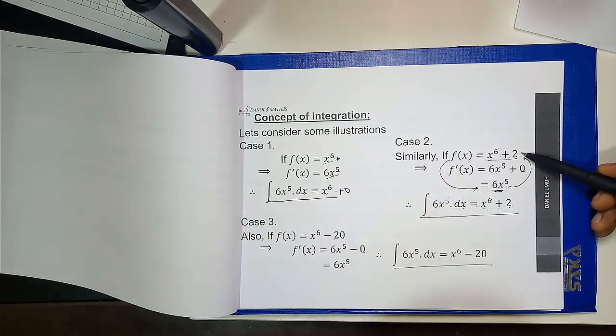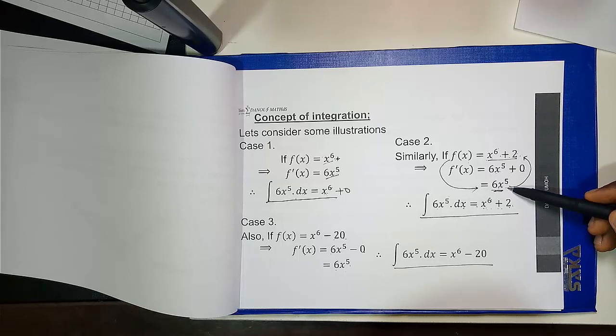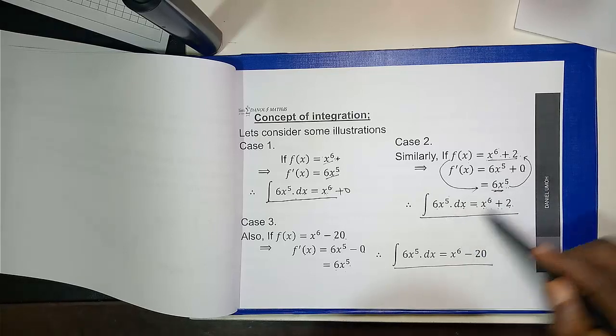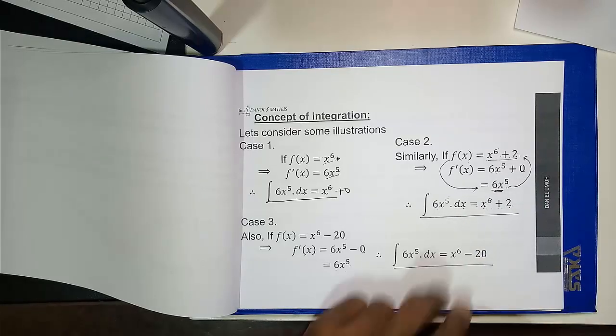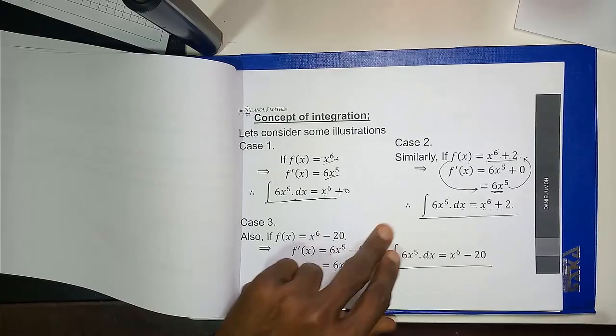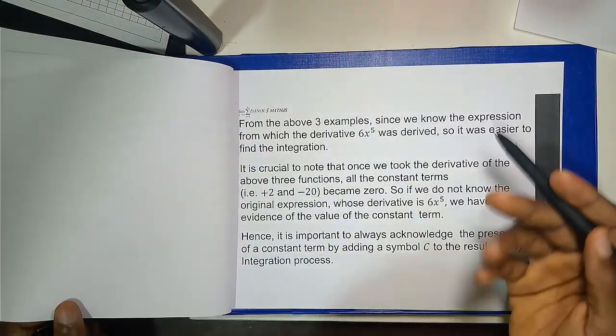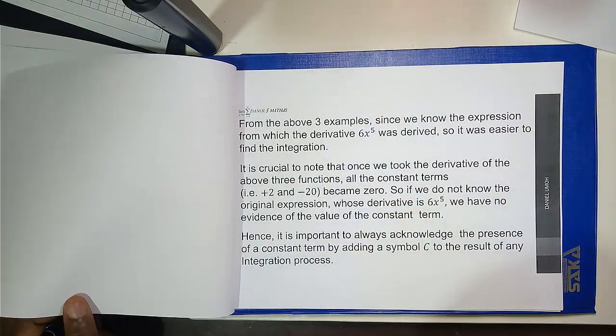Here, we knew the original function. Sorry, when we differentiated this, we got this. Meaning that when we integrate this, we still get this one back. It was easier for us to actually know what the integration value is because we already knew the original problem.